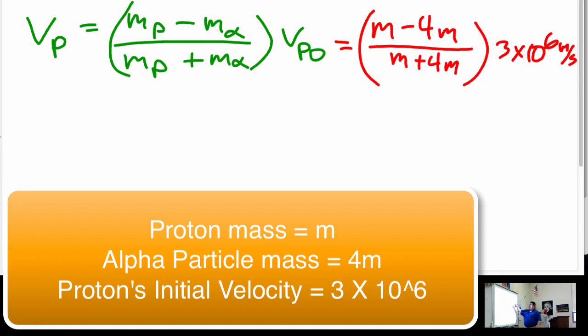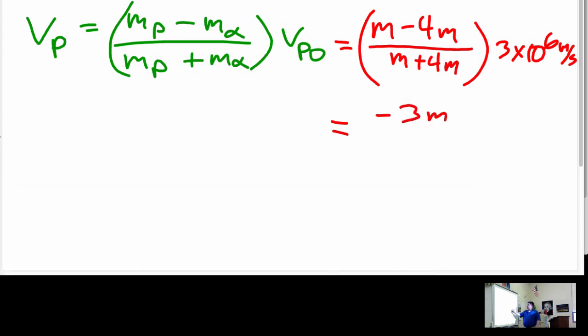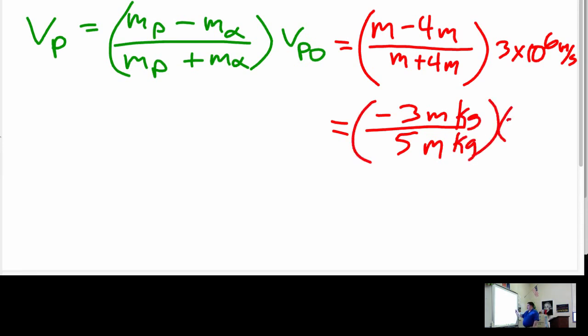And there's some kilograms and stuff, but you'll see that the kilograms cancel. So what is m minus 4m? Negative 3m. What's m plus 4m? 5m. And there's some kilograms on the top and on the bottom. Times this 3 times 10 to the 6 meters per second, right?